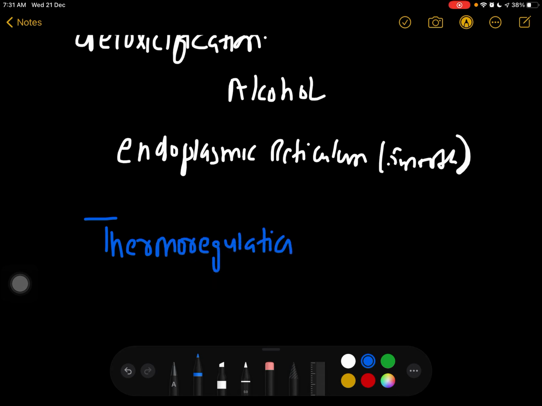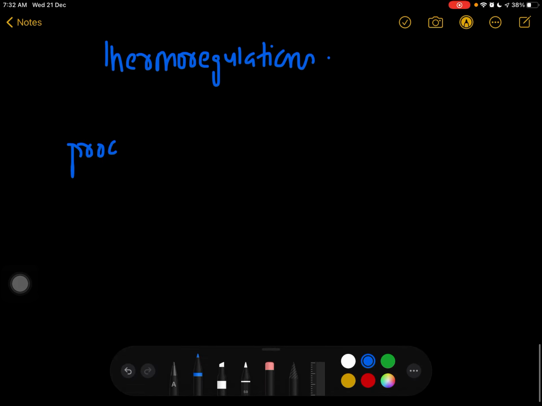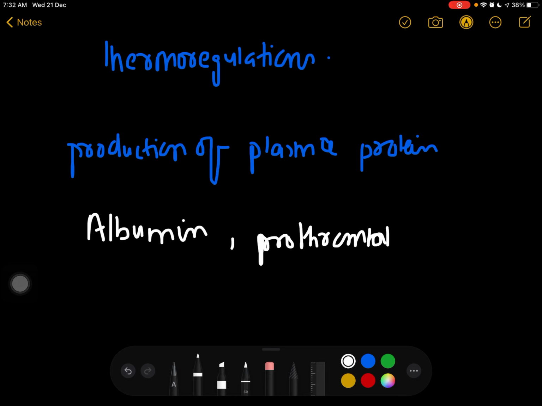Next we have production of plasma proteins and some clotting factors, for example albumin, prothrombin, and fibrinogen. These are plasma proteins produced in liver.